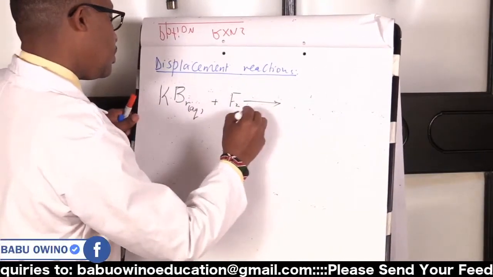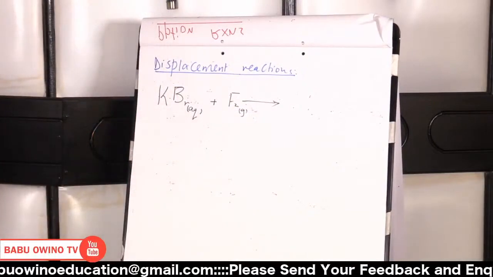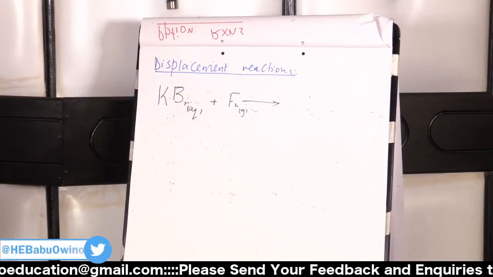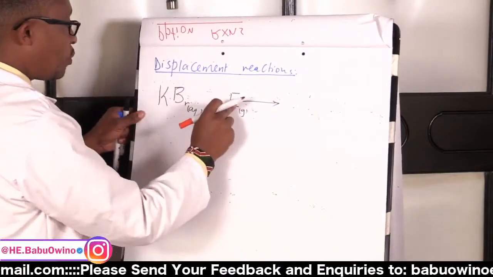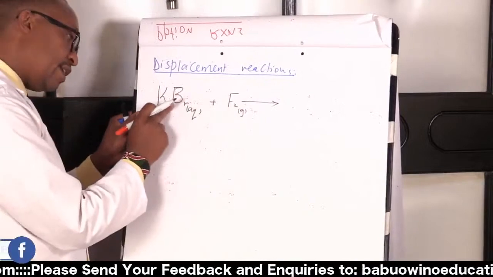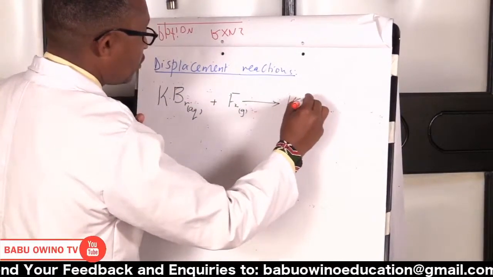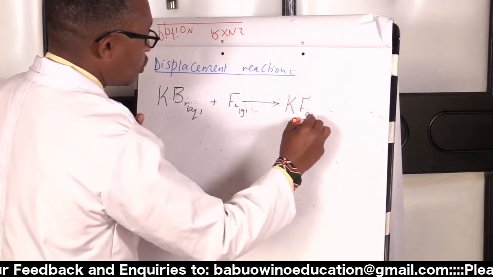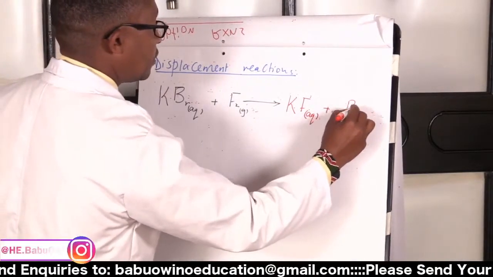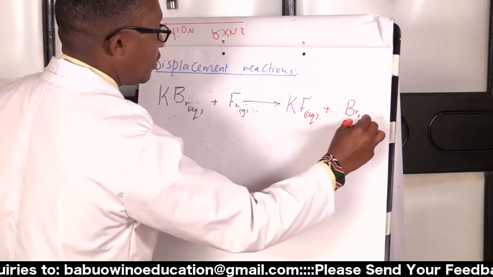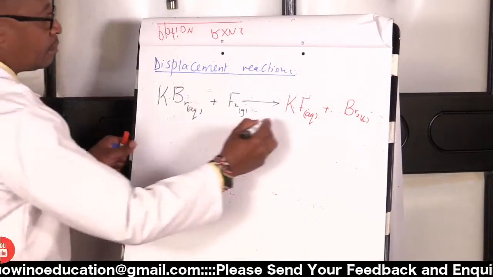This one, fluorine is gaseous. Now potassium and bromine, potassium bromide. So when the two combine, this is more reactive than this, and therefore displacement. So we get potassium fluoride, it's a soluble salt, plus bromine, bromine liquid.